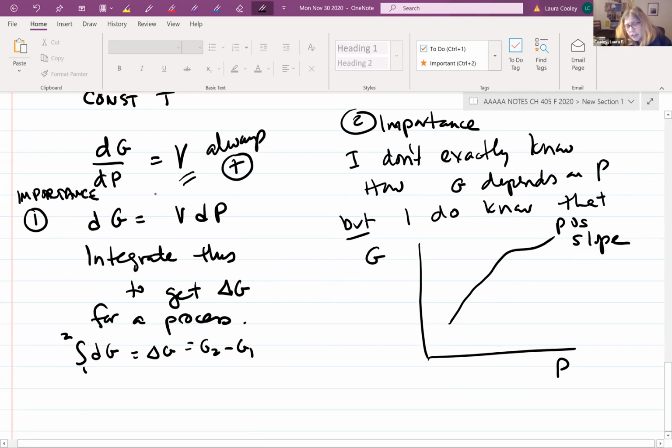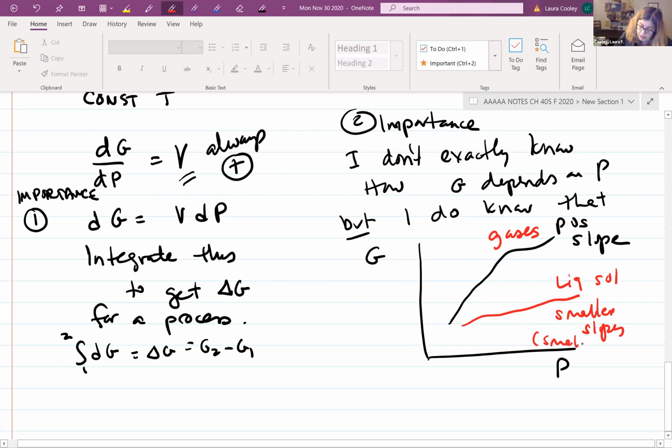And I also know that if I'm looking at something happening to a gas, the volume of a gas is greater than the volume of a liquid. So gases will have greater slopes, and liquids and solids will have smaller slopes because they have smaller volumes. You could probably think about this as a molar volume, right?